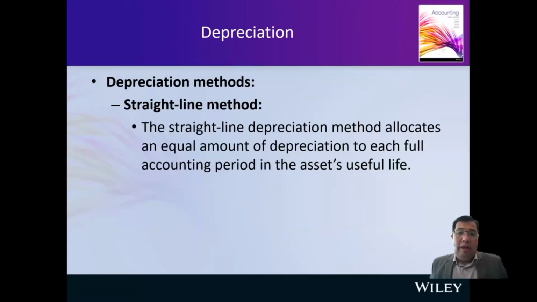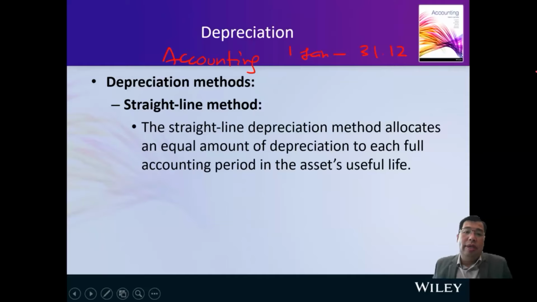Let me give an example. If you buy one asset, this is your accounting year, from 1st January until 31st December. So this is your accounting year. So now is, for example, 1st July.